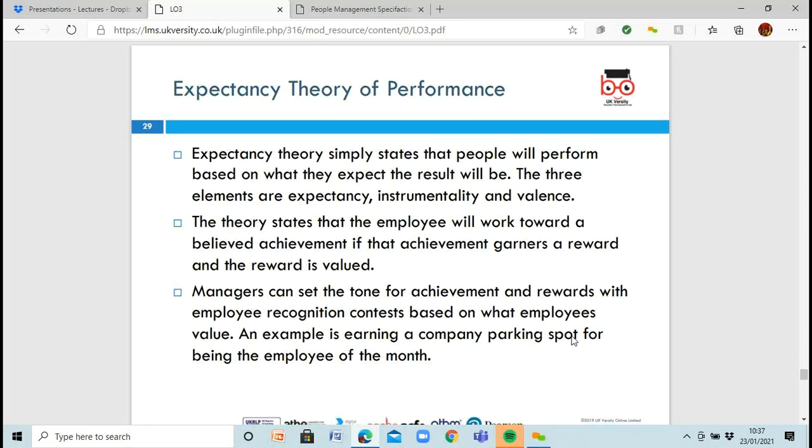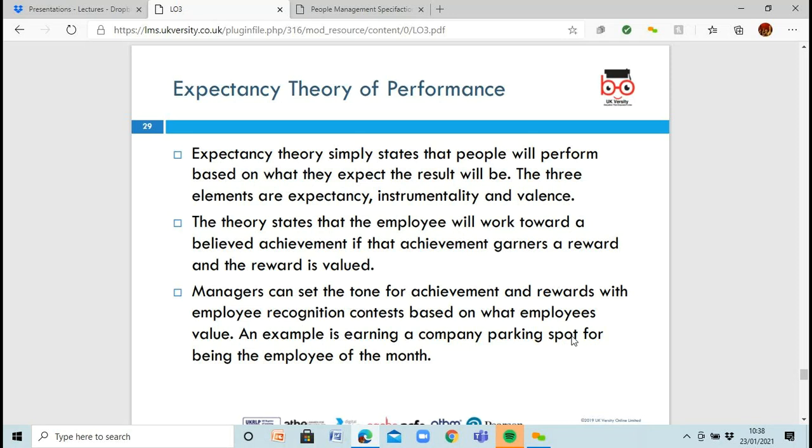And then we go on to the expectancy theory of performance. So this expectancy theory simply states that people will perform based on what they expect the result will be. So the three elements are expectancy, instrumentality, and valence. So this theory actually states that the employee will work towards a believed achievement if the achievement will actually give them a reward, and the reward is something that they actually value.